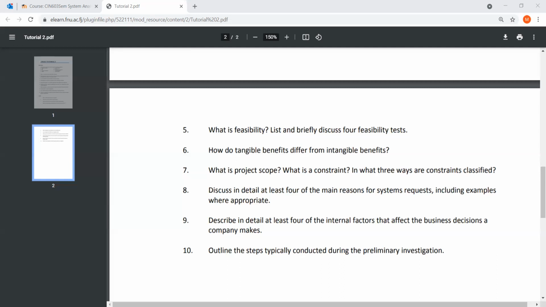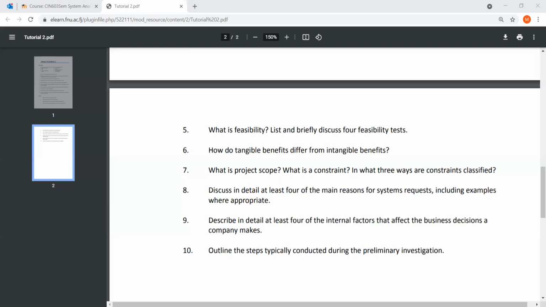Spelling of doable: D-O-A-B-L-E. So let's go and discuss the 4 types of feasibilities. Remember, there are more than 4, but these 4 are the common ones.